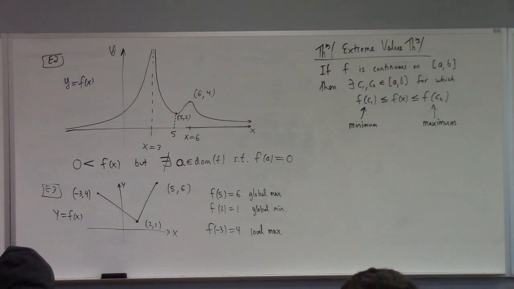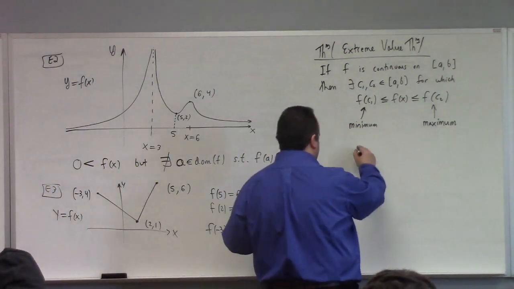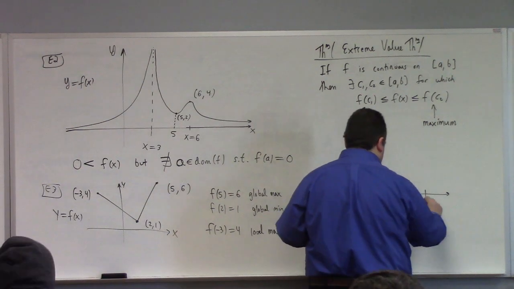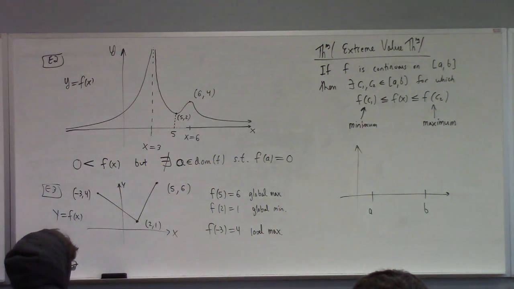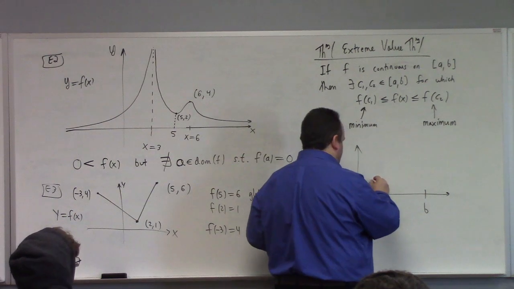That seems really obvious, doesn't it? Like if you think about what the graph of a continuous function looks like, this is completely unsurprising, right? If this is A and this is B, you talk about a continuous function, what's the graph look like? Straight line? Well, it doesn't have to be that. A line that never ends, right?